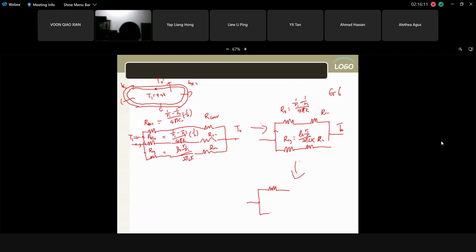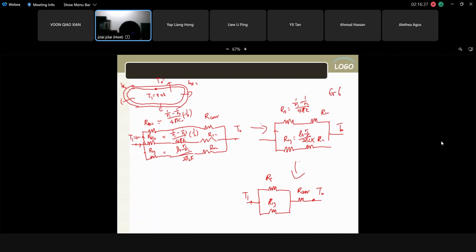Their circuit diagram becomes like this. This is T out, this is T in, this is R sphere, this is R cylinder, and this is R for convection. What's the difference?